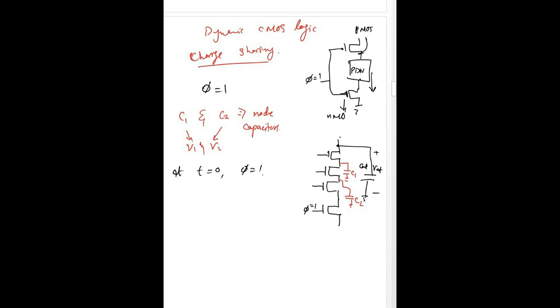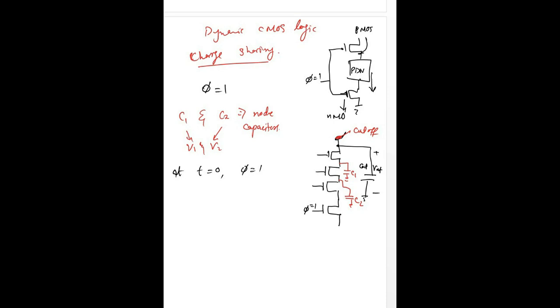It means that this portion of our circuit, this portion here, is in cutoff, so our PMOS is in cutoff. And obviously there is no direct path between VDD and Vout so that the capacitor may get charged.